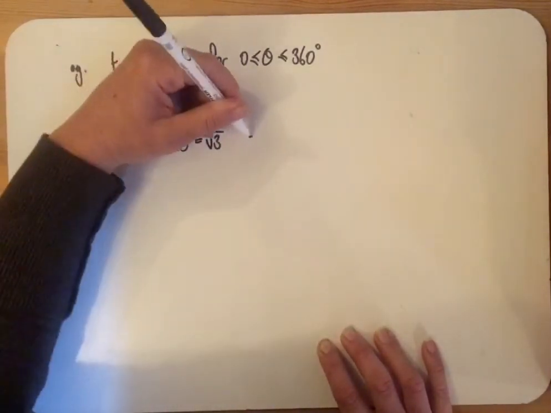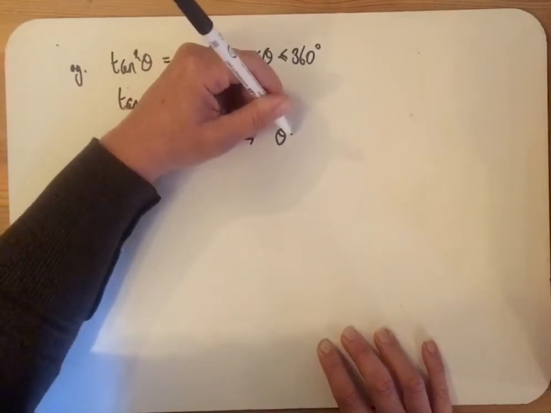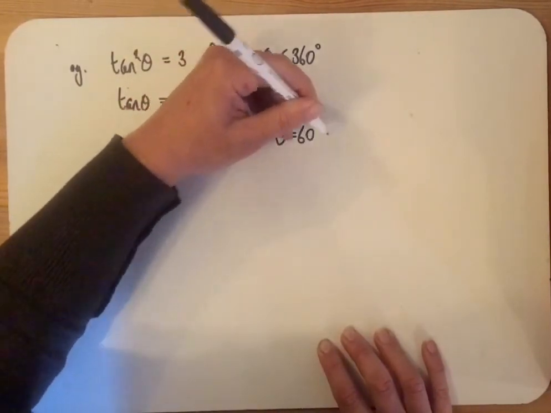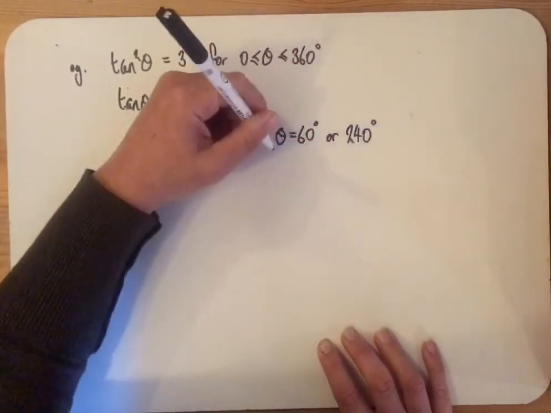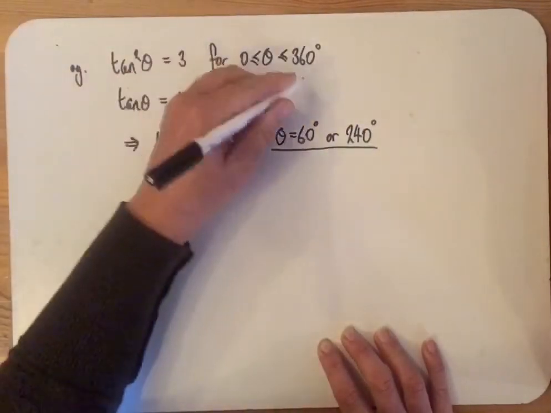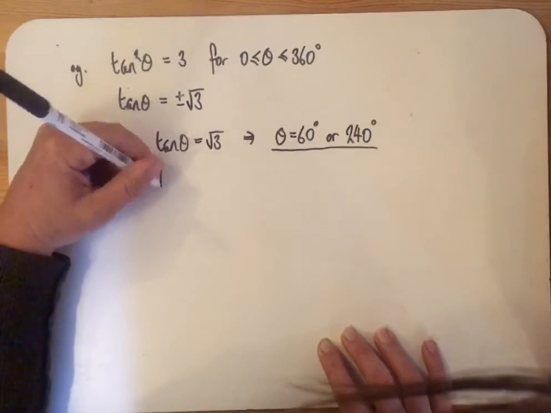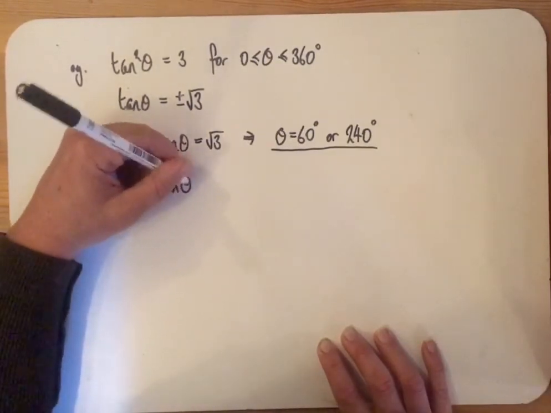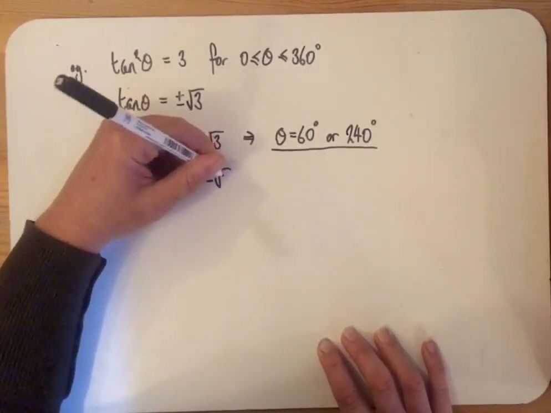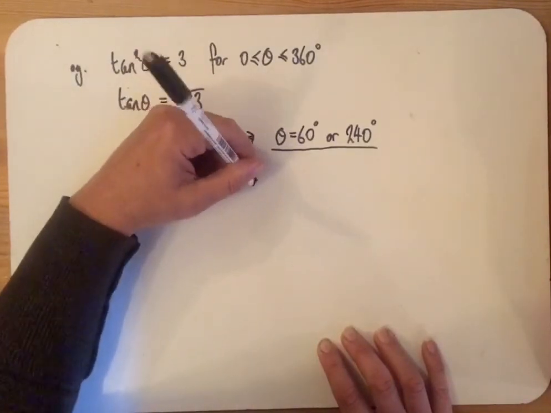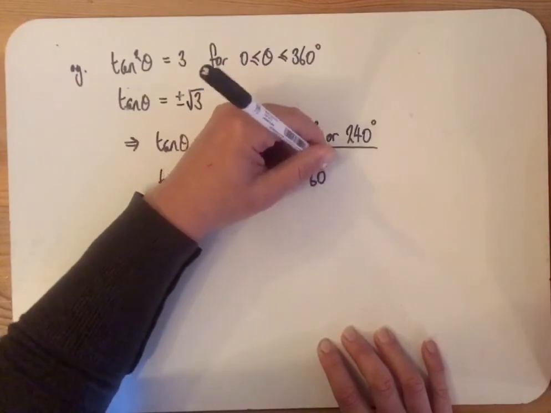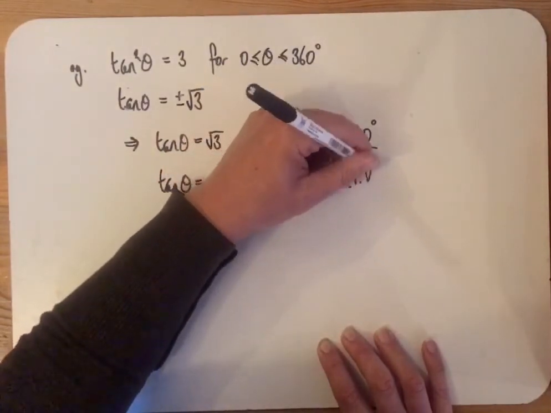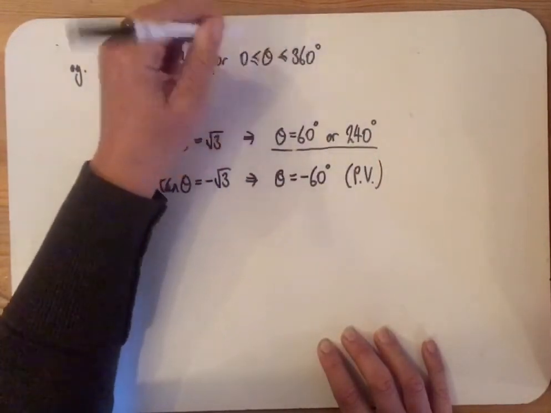So tan theta is root 3, theta is 60, adding 180 gives me 240. So two solutions in 360 degrees. And if tan theta is minus root 3, the calculator gives you minus 60, as that's your principal value, which is outside of this range.